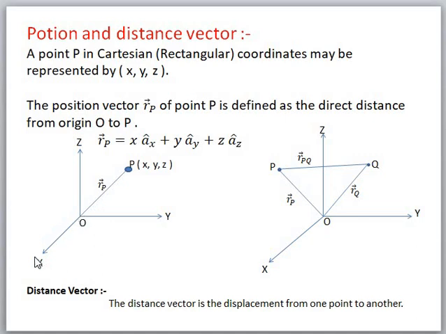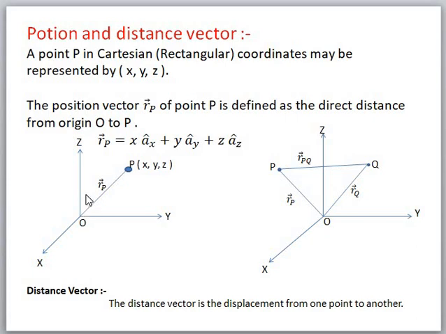This is the x-axis, this is the y-axis, this is the z-axis, and this point is the origin. Now consider any point P and its coordinates x, y, z. Now we know the position vector.